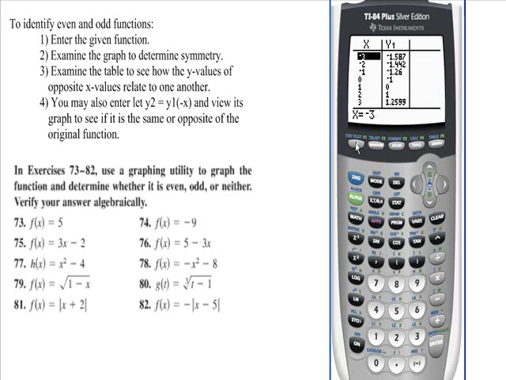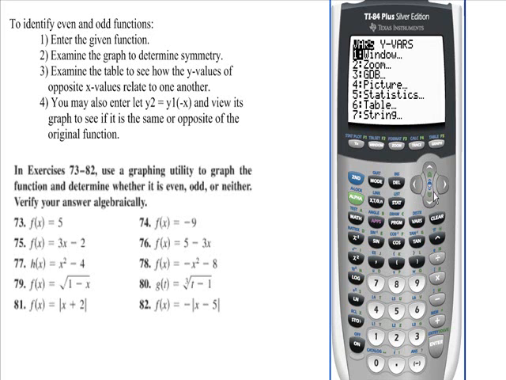Again, you can confirm with what I did before, like if I wanted to check what y1 of negative x would be. So if I go to Vars, Y-Vars, choose option 1 and 1, and put in negative x, and we can have that one display in boldface.